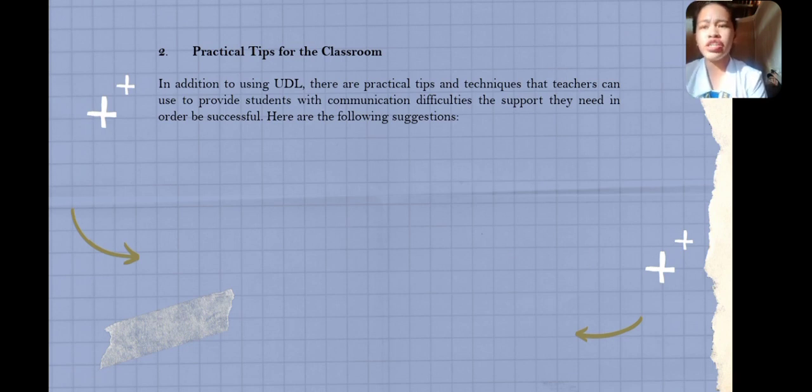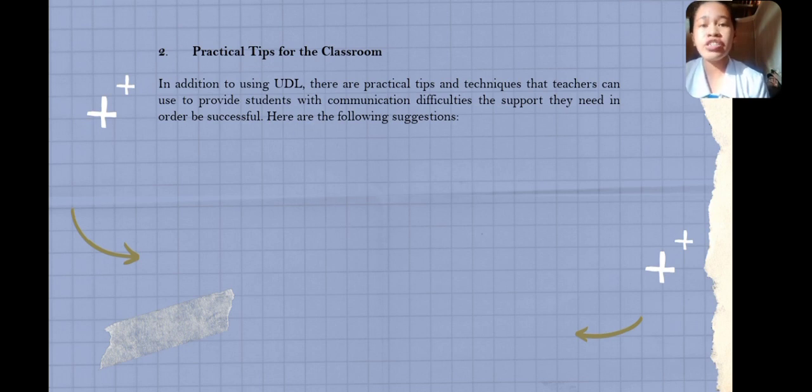Now we will talk about the practical tips for the classroom. In addition to using Universal Design for Learning, there are practical tips and techniques that teachers can use to provide students with communication difficulties the support they need in order to be successful.